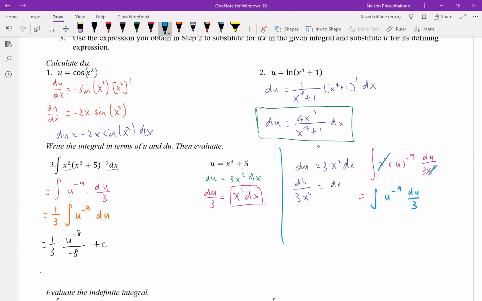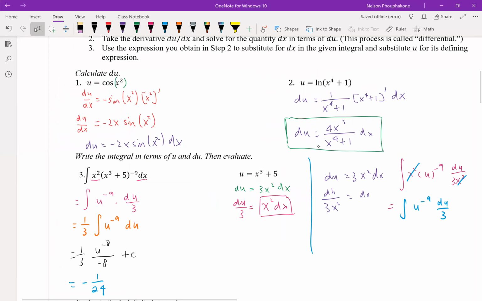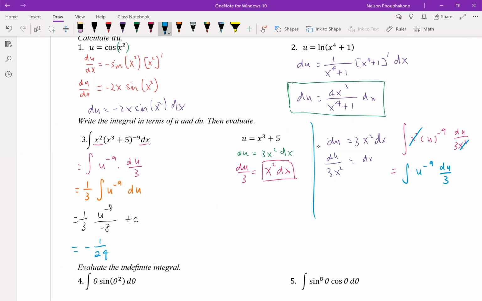So what I need to do here is write negative 1 over 24, and then replace u by (x to the power of 3 plus 5) raised to the power of negative 8, plus c. This is my answer now. Or, to make it look better, we could rewrite it.